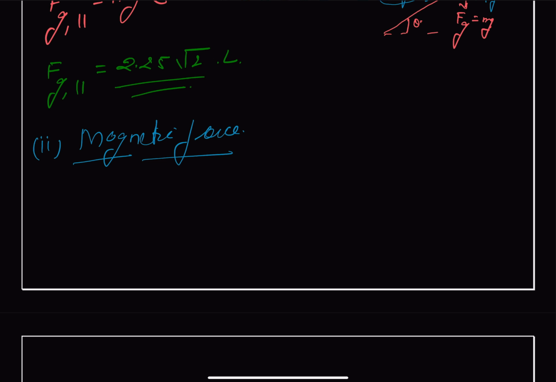So the magnetic force, let us suppose we call this Fp. Then the general formula of Fp is the current times the vector form of length, cross product with the magnetic field. Okay.